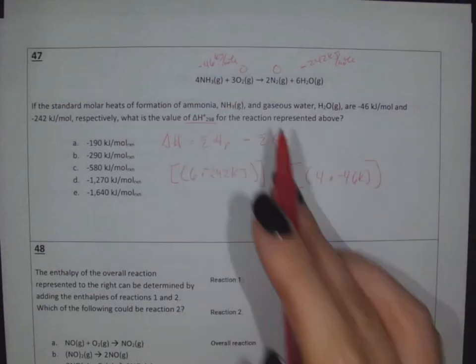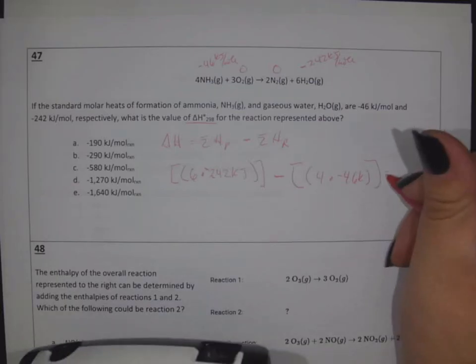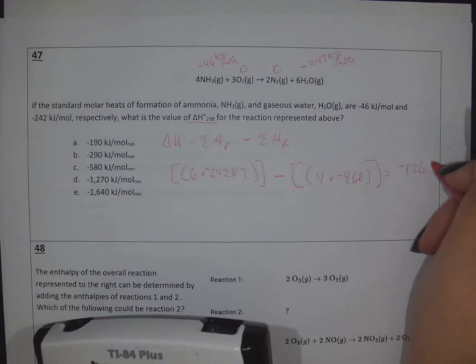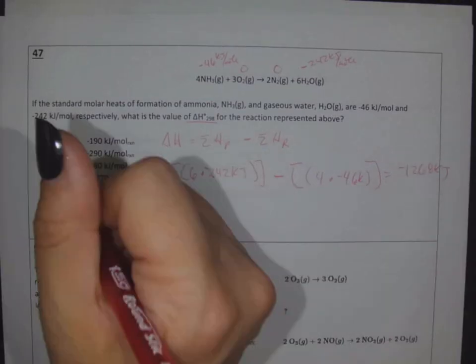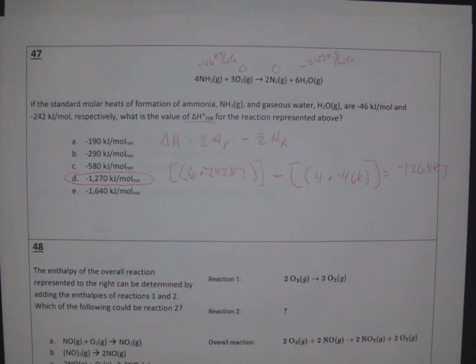Same thing, I'm not adding in the 0 there. Plug this in my calculator and I get negative 1268 kilojoules, which is closest to my answer option D.